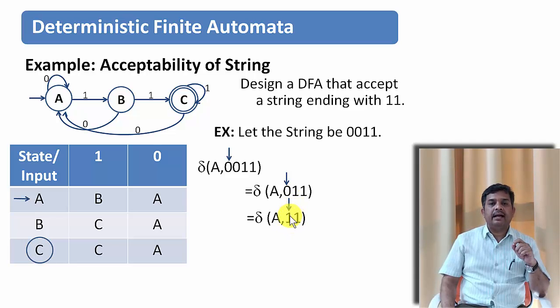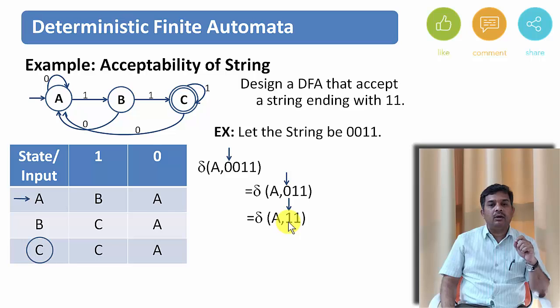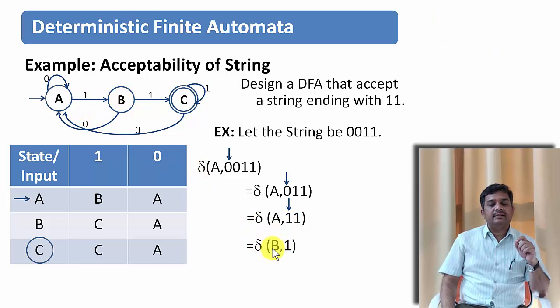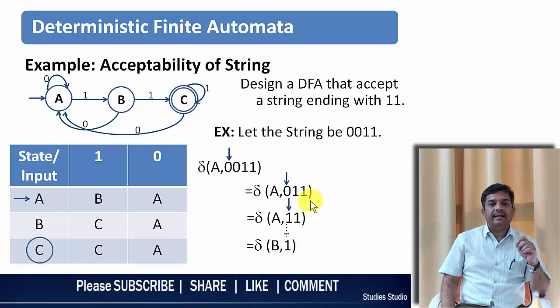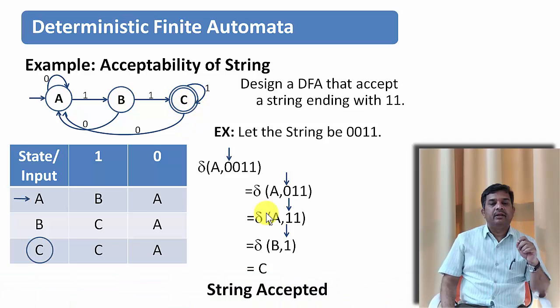The first is 1, so delta on 1 is B. Now we are in state B and the remaining string is 1. Delta of B comma 1 is C, and C is a final state. That's why the string 0011 is accepted.